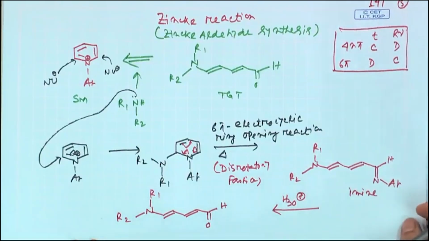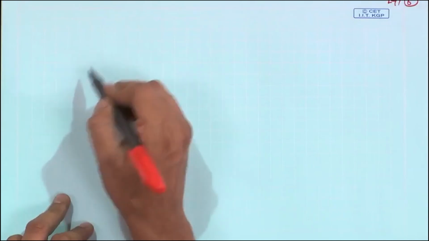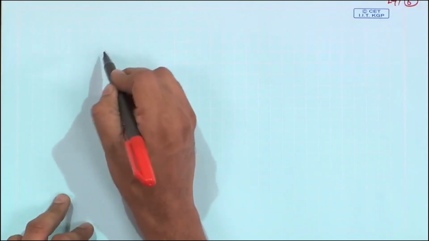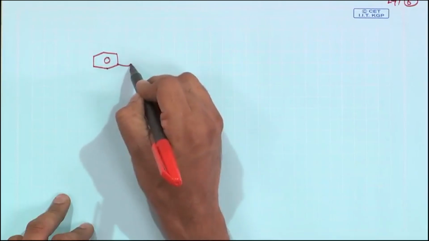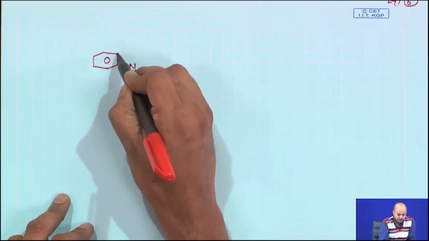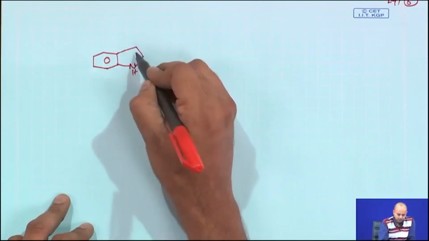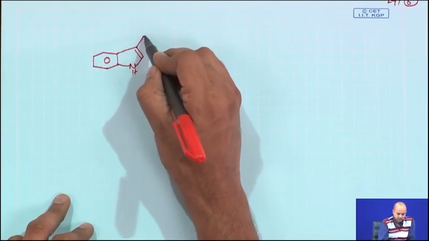Now, this Zincke reaction has significant usefulness in the field of organic synthesis, and probably if I give you a target molecule something like this, you have to apply a Zincke reaction. The target molecule, first let us draw the structure.